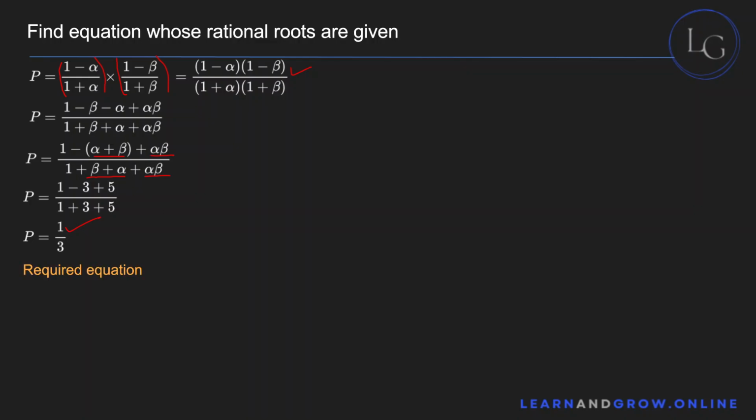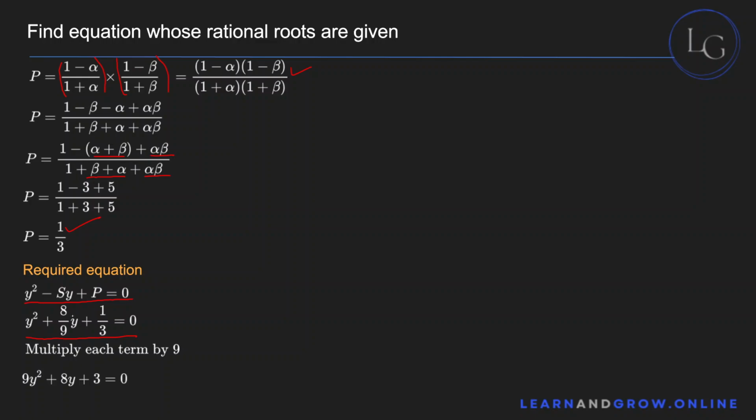Now, as you remember, the way to find the quadratic equation is y square minus sy plus p. We found s and p. So this is basically the quadratic equation. And to give it a more formal look, you'll just multiply each term with 9, and that'll give you this.